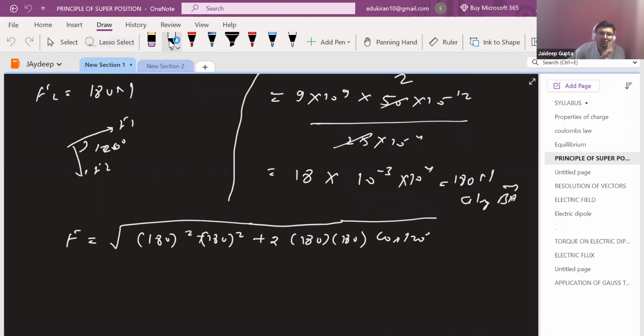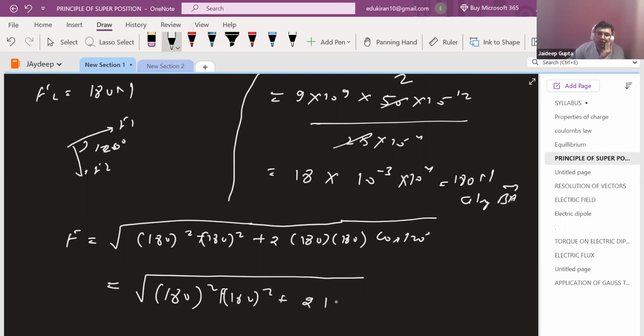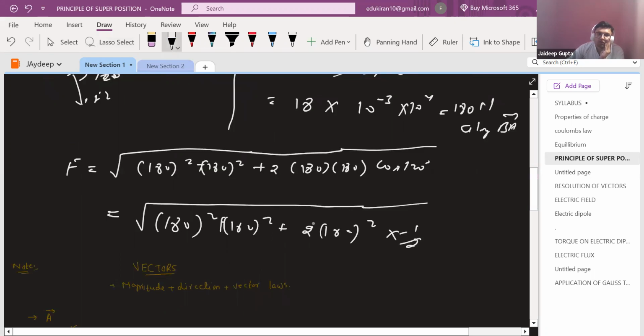What is the answer, Iram? So I got under root 3240. Just a minute. You are not supposed to open it. It would be 2 into 180 square into minus 1 by 2, because cos 120 is minus 1 over 2. Now 2 will cancel out.